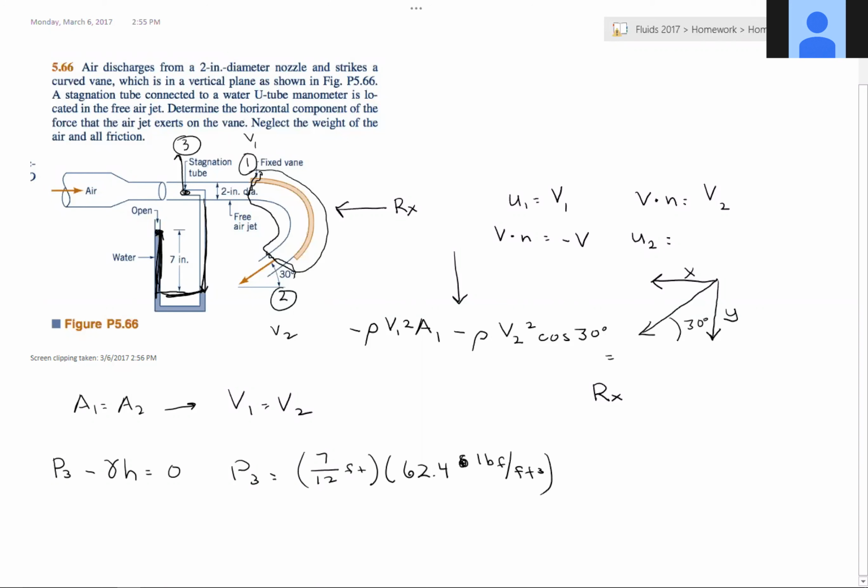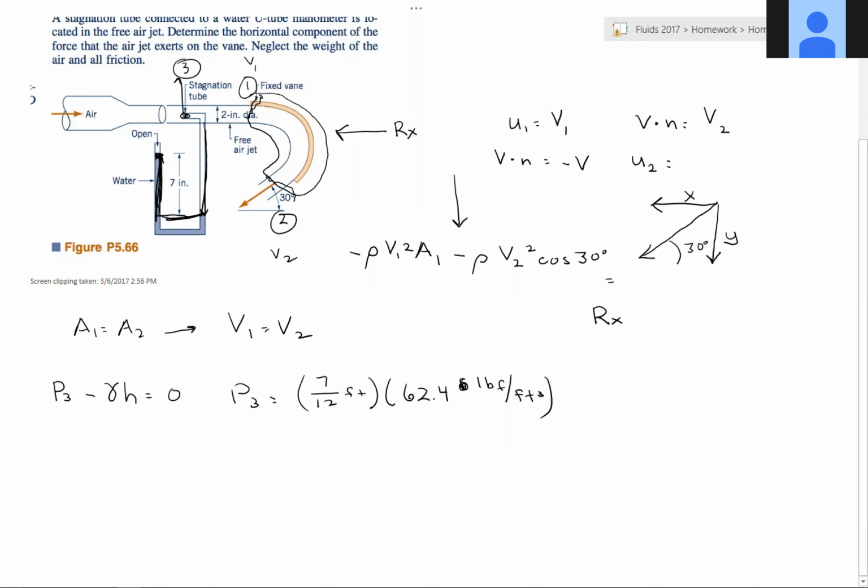What are we going to do with our P3 now? So it can't be the same as P1 because P1 is atmospheric. So we can find P1, and you're absolutely right. We're going to do Bernoulli's at point 1, and we'll find the velocity.